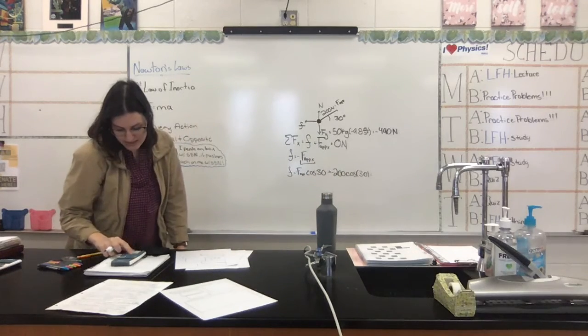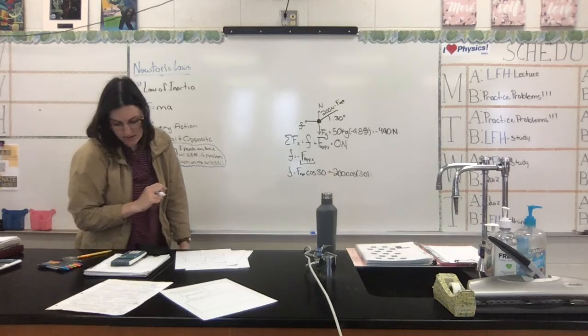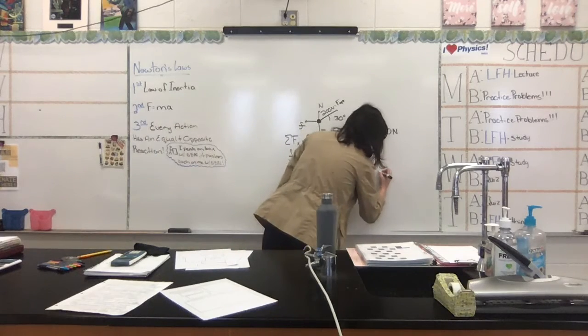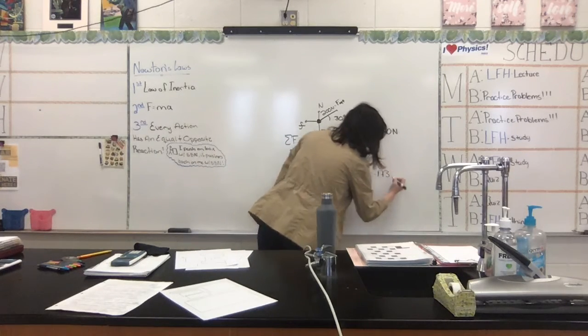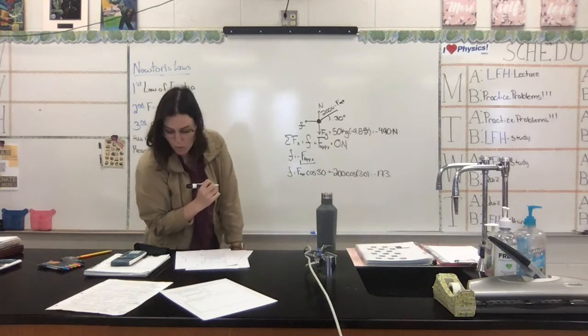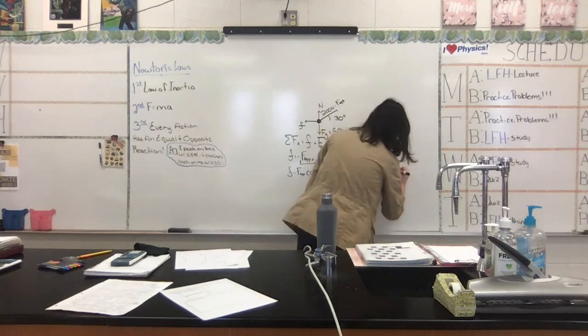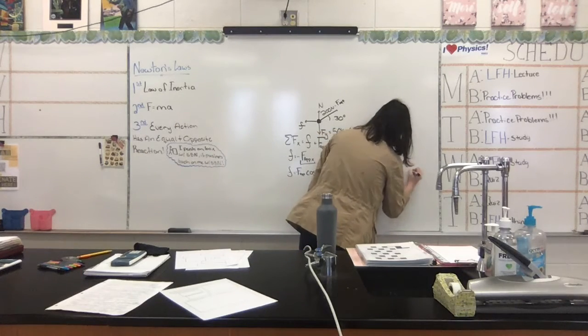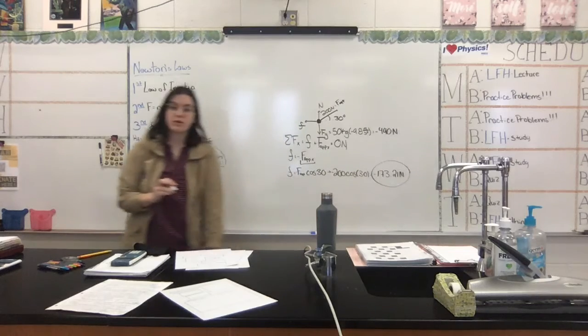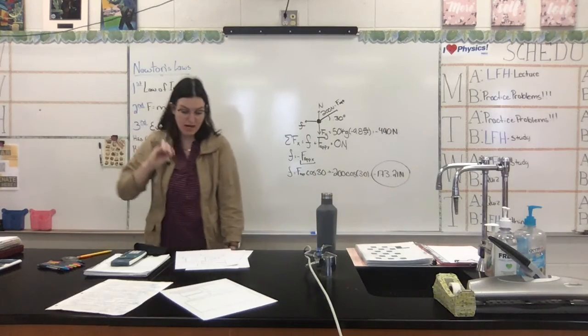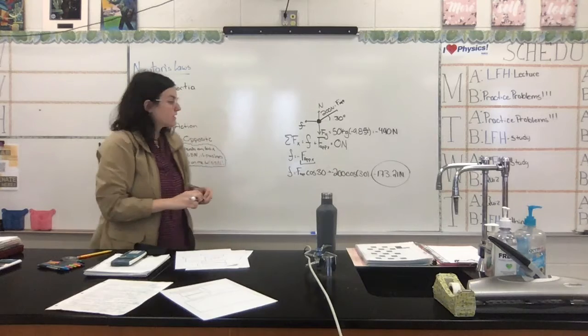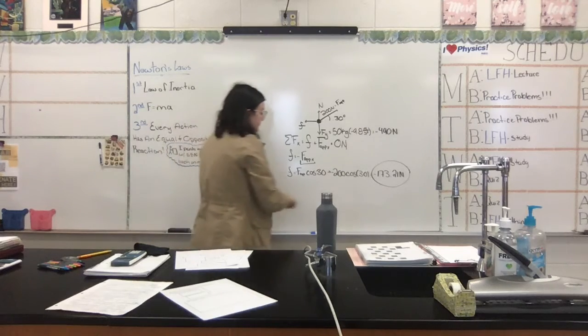And what we end up getting is negative 173.21 newtons for our force of friction on this box. And the second thing we're asked to find is the normal force.